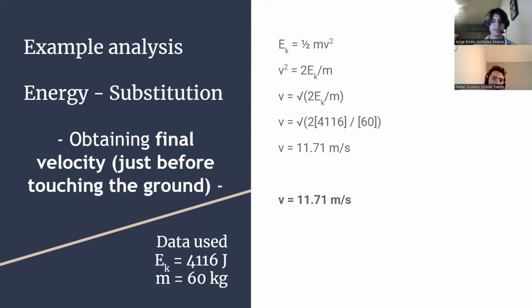For this, we need to use the mechanical energy as if it was the kinetic energy, because at this point the velocity is at its maximum point. So we isolate the same way we isolated before. Velocity is equal to the square root of 2 times 4,116 divided by 60. The final velocity is 11.71 meters per second.